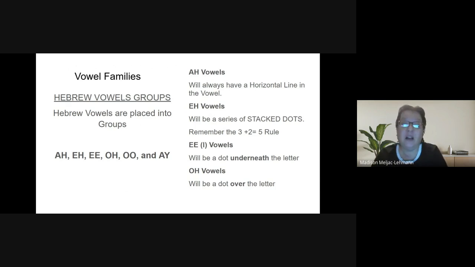The EE vowels, or sometimes I vowels, it's only going to be one dot. So if you see one dot, then now you have to make decisions. Is it an E or is it an O?